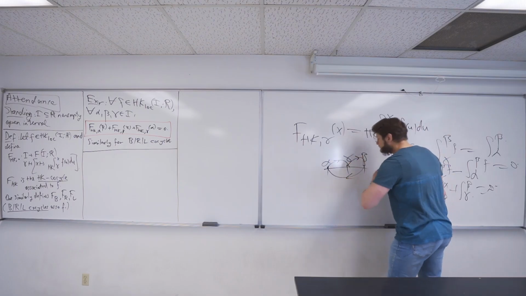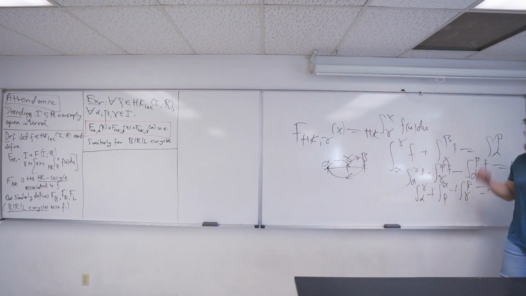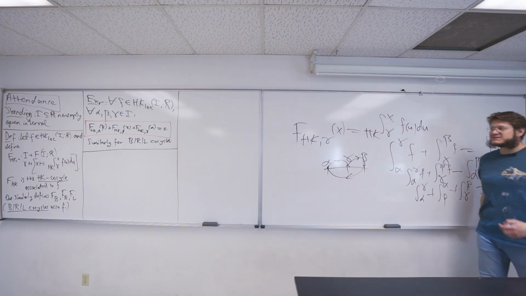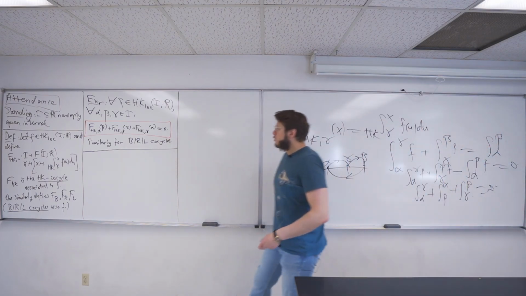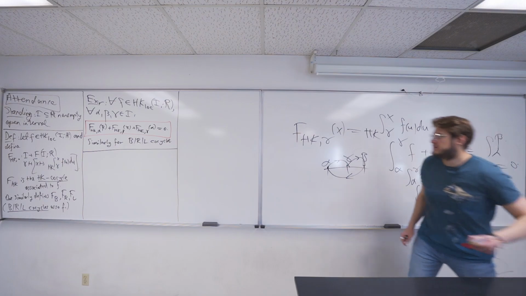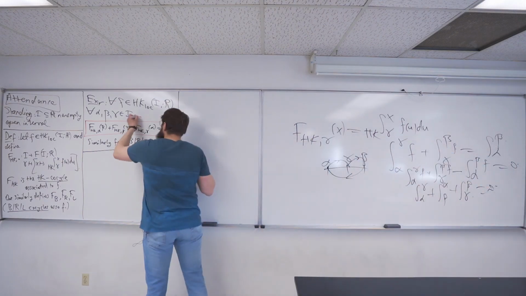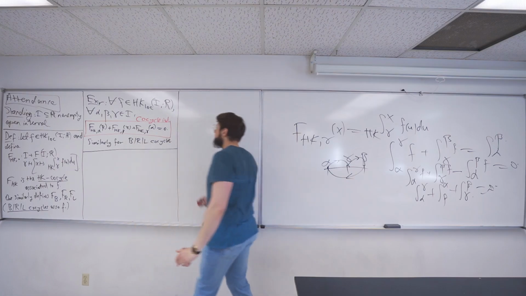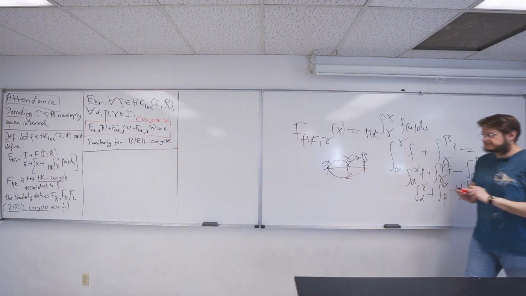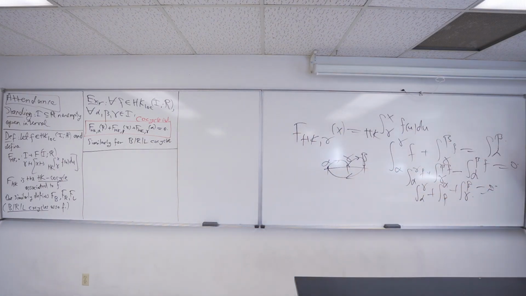So over loops like this, integrals should add up to 0. That's why you call it a cocycle. And this generally is called the cocycle identity. Okay. So I'm just going to go ahead and use this.